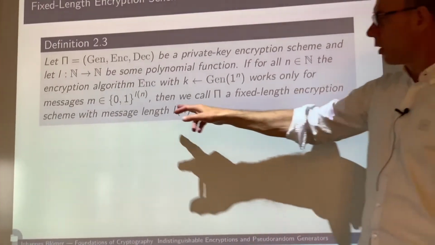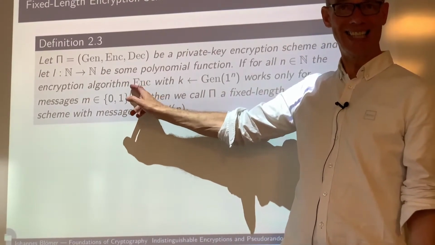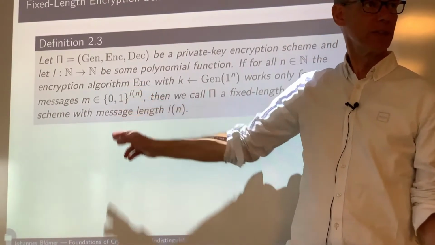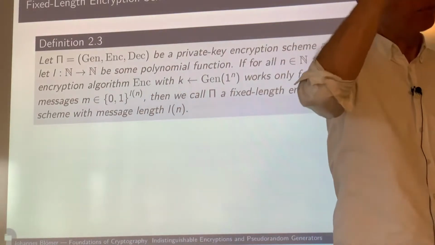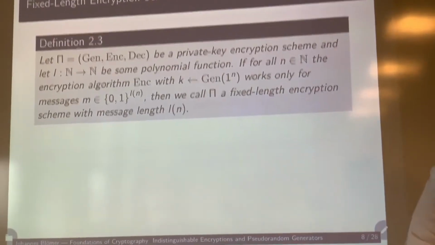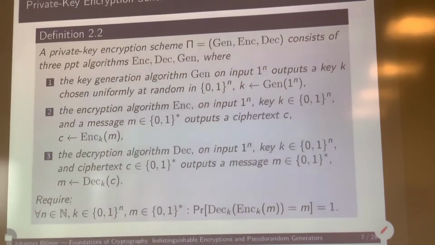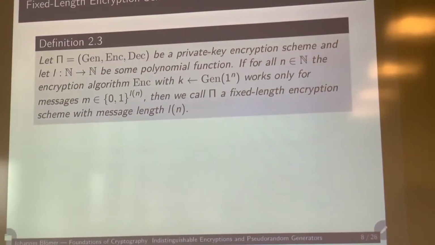Sometimes it's convenient also to say this is up to length L of n. Here I say it's exactly length L of n. Sometimes it's convenient to just have up to length L of n, which I would denote by including here a, here I could include a less than or equal.